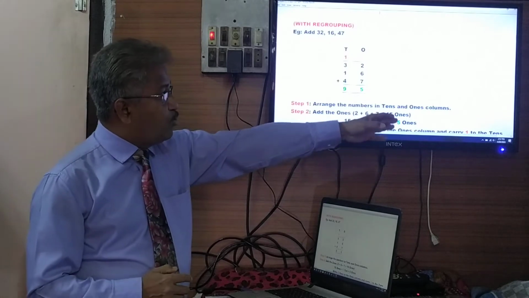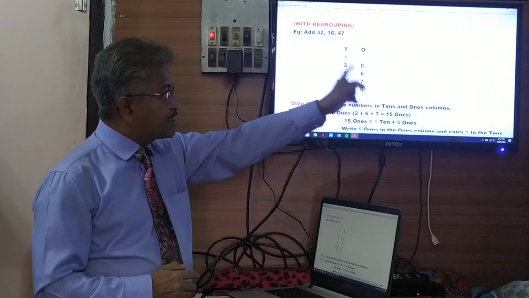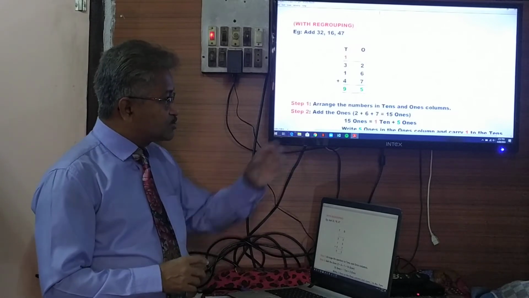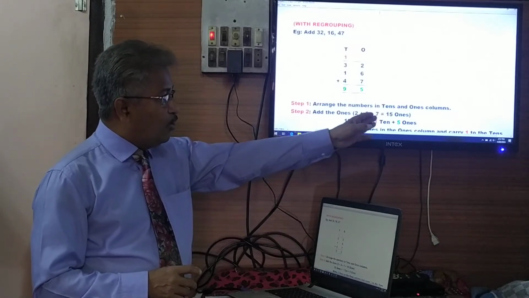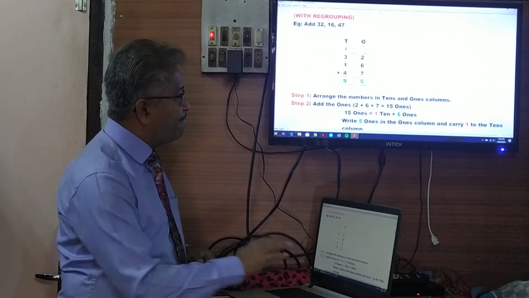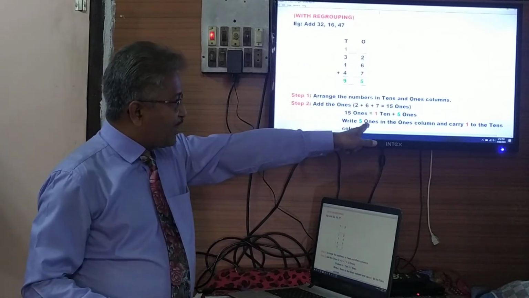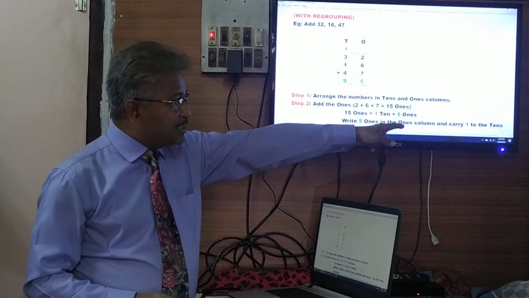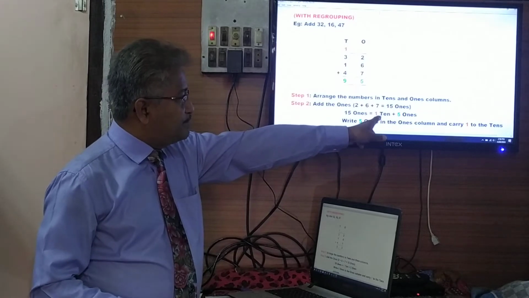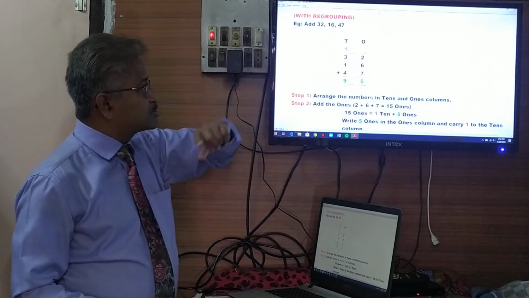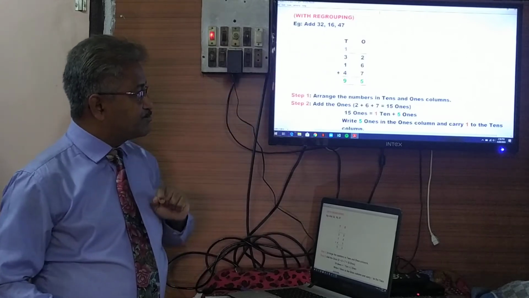Now, 15 ones. We cannot write 15 ones because we have only one column. So 15 ones is equal to 1 ten plus 5 ones. We write the 5 ones in the ones column and we carry the 1 ten to the tens column, as you can see here.